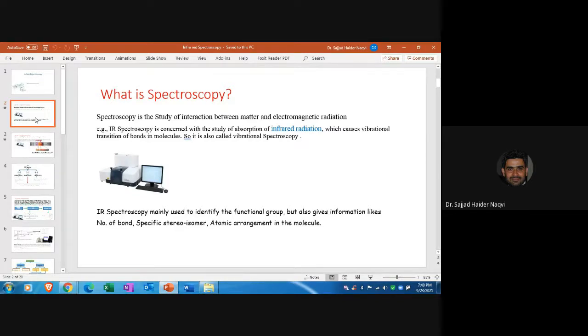Spectroscopy is a technique of analytical biochemistry, which is primarily used for both qualitative and quantitative determination. It is a technique where a particular wavelength of an electromagnetic radiation passes through a sample.